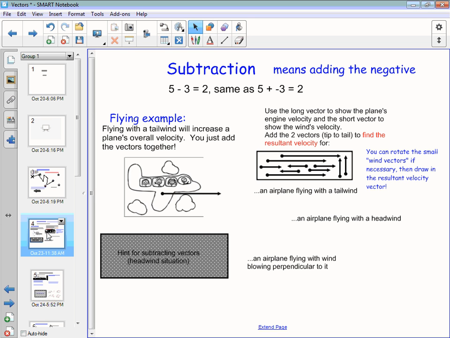So I'm still going to add vectors tip to tail, but in order to subtract them, I just need to flip around the vector, and then I will add it. Okay? Hopefully that made sense. So if I wanted to say 5 minus 3, I'd have to add 5 plus negative 3. Okay? All right, well, we'll try it out.